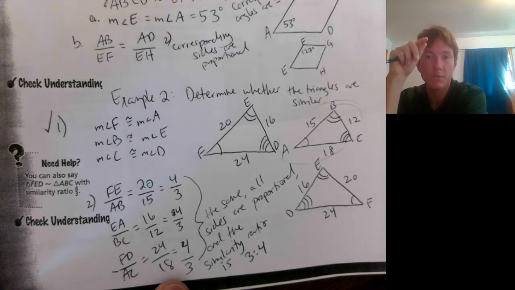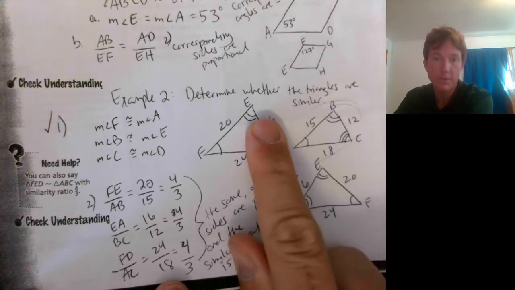So that's a 1 to 1.5. If we want whole numbers, I just need to multiply each number by 2. So I'm looking at a 2 to 3 ratio. The original portion would be 2 cups, the larger portion would be 3 cups.